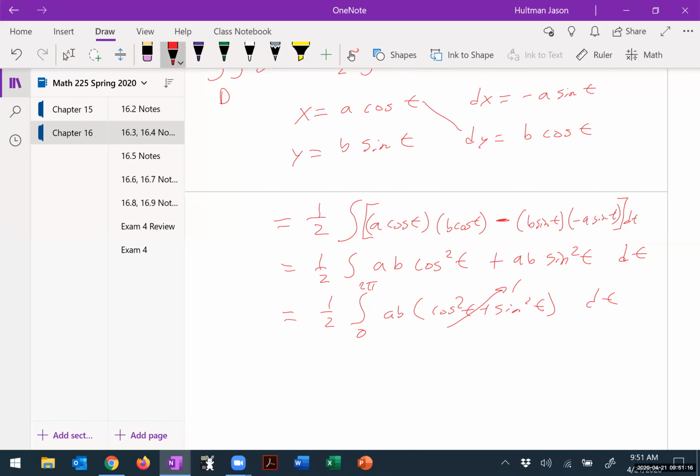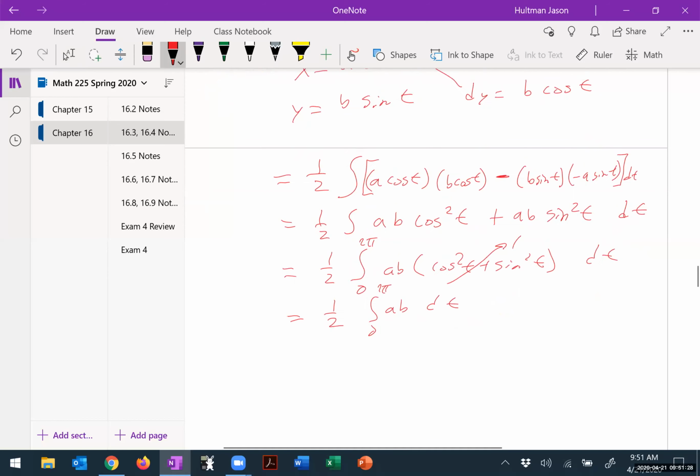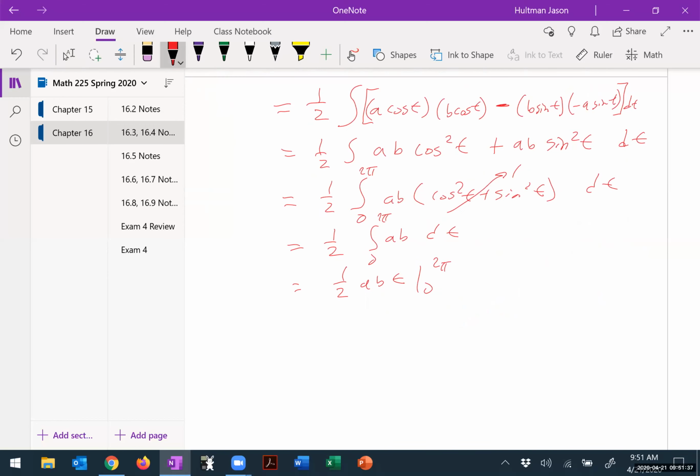So this is 1/2 the integral of ab dt from 0 to 2 pi. So this just becomes 1/2 abt from 0 to 2 pi. Plug in our 2 pi and 0 for t, and we get 1/2 ab times 2 pi. The 2's cancel out, and we're left with ab pi.